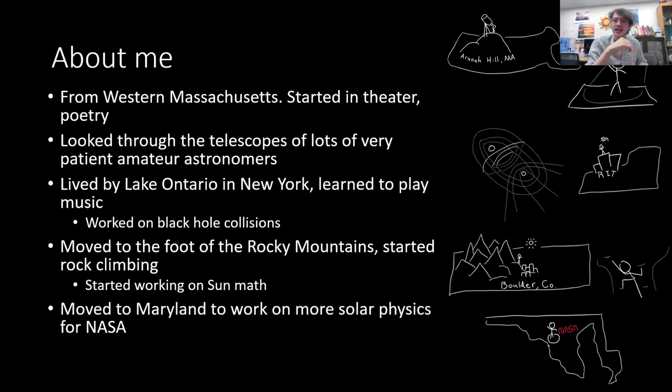And I started doing math about the sun there. There were research groups that were looking at parts of the sun and trying to figure out what's going on inside with math, because we can't see it very well. I'm going to talk a lot about that later on.